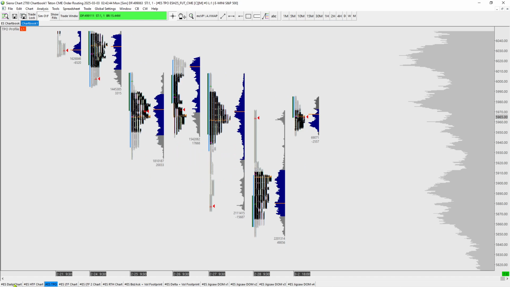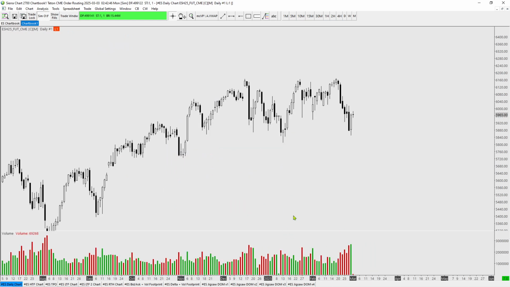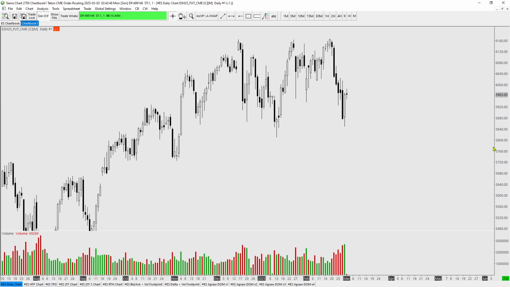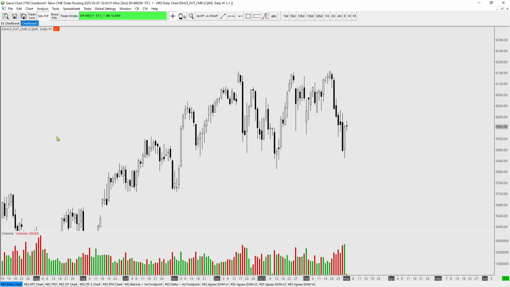From a daily perspective, I like to do top-down analysis. So from the daily perspective on the S&P 500 ES futures contract, you can see we've been going up, and we developed a high right here that lacked follow through.